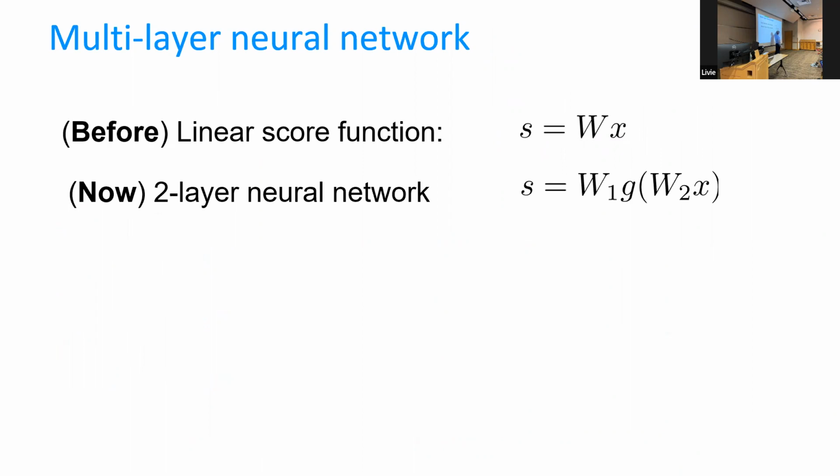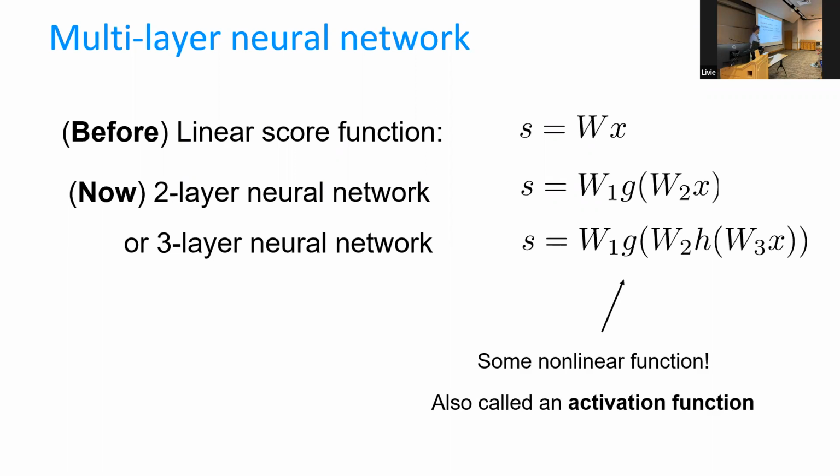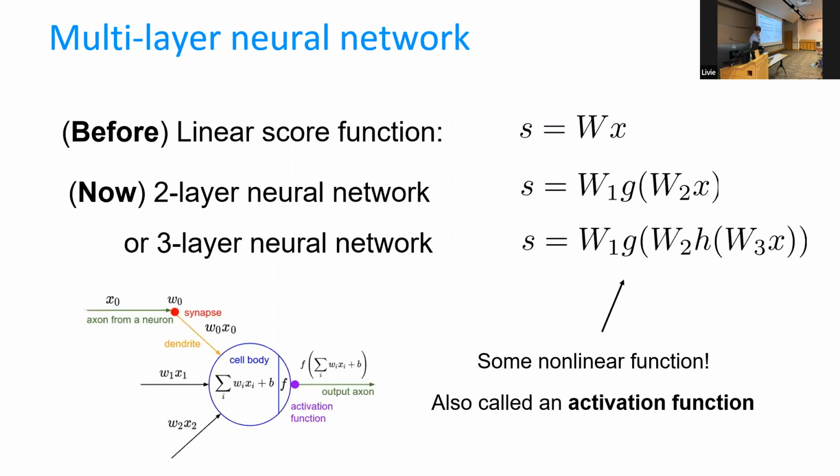That makes it so that we can no longer simplify this expression by combining these two matrices, because W2, G, W1 is not an operation that can be simplified into a single matrix operation. And we can add more layers. That nonlinearity is called an activation function. They take various forms, but the only requirement is that it has to be nonlinear. So we'll take a look at a couple of those.